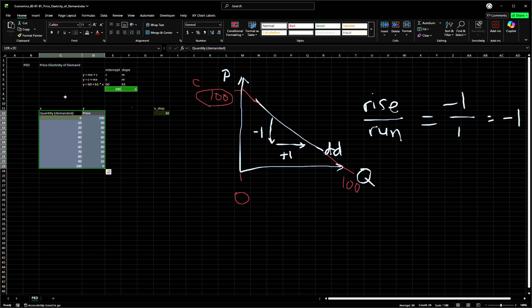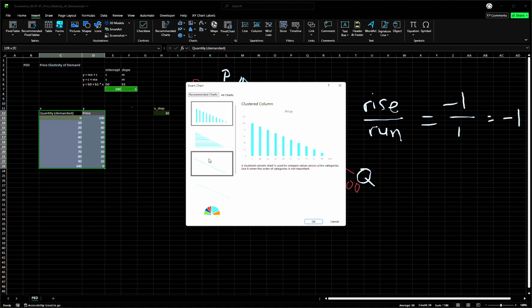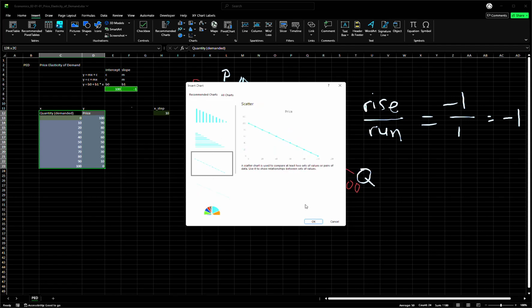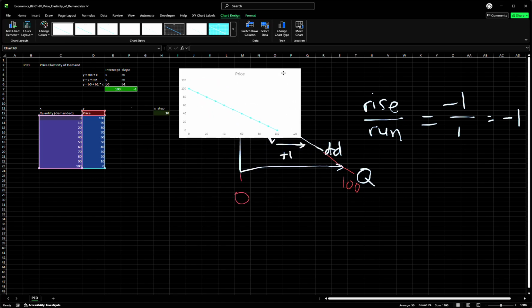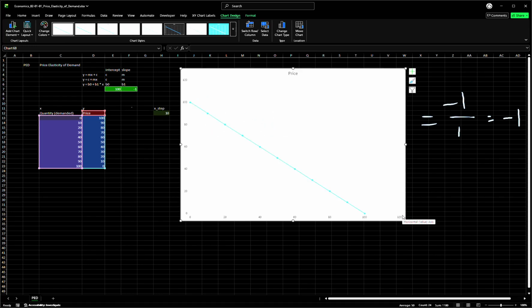So the definition of price elasticity of demand is change in price over change in, I don't know, change in price over the original price divided by... no, what is it?